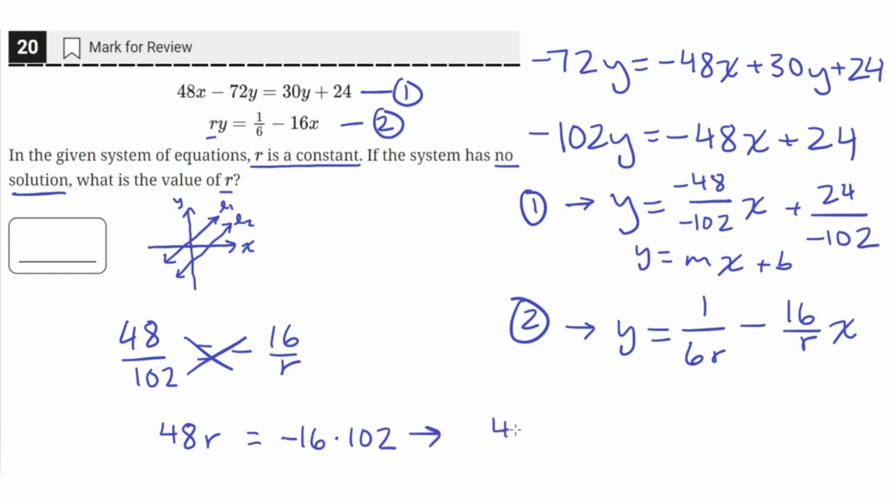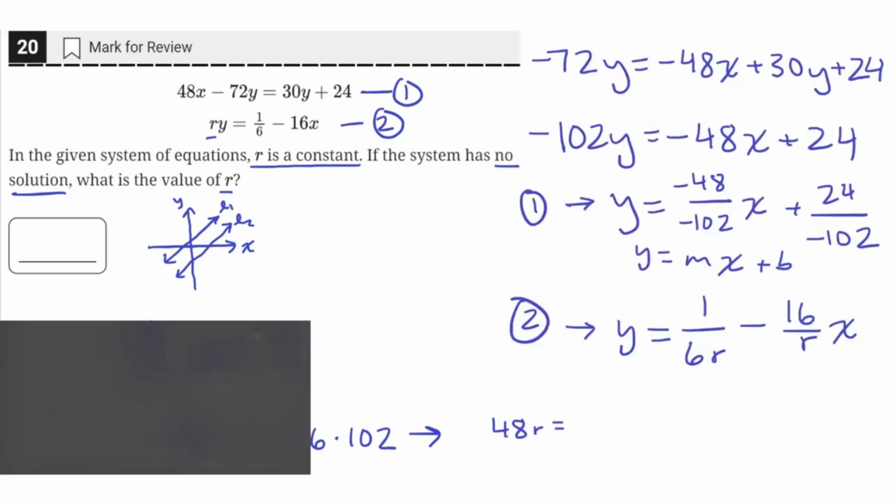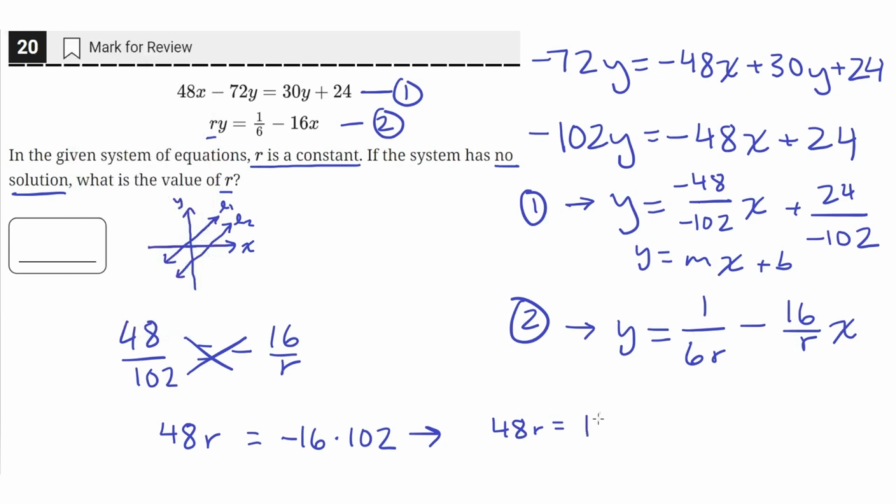So that means 48r equals, if we get out our calculator, 16 times 102 is 1,632. And this will be negative since the 16 was negative.